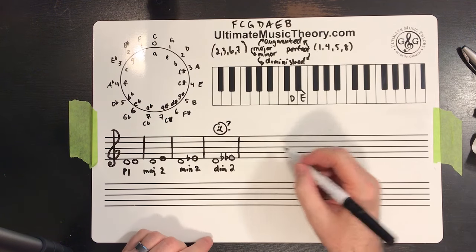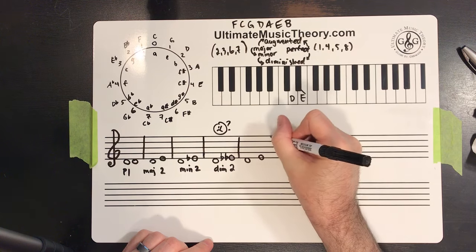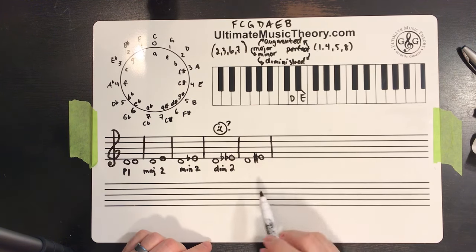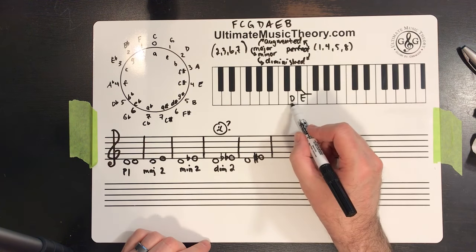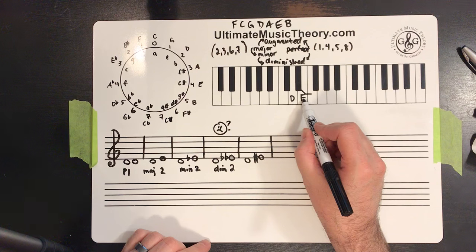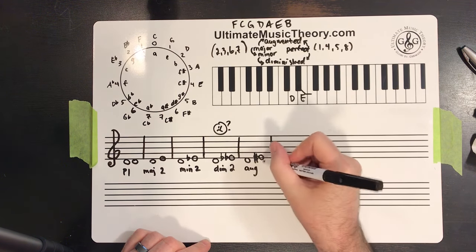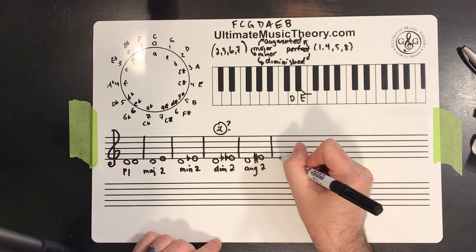Now, if we wanted to go to an augmented second, all we would do is raise the second note here, D to E sharp. Now we've gone from E, which is the major, and up 1 to augmented. Augmented second.